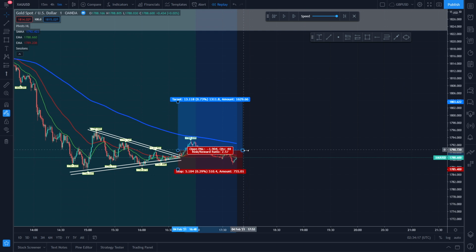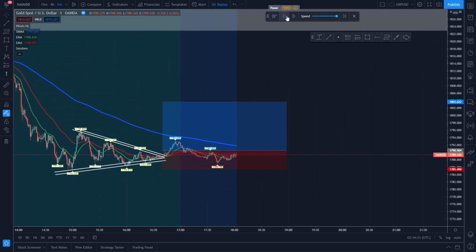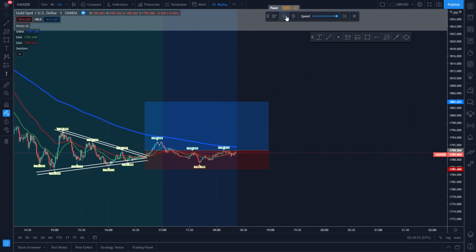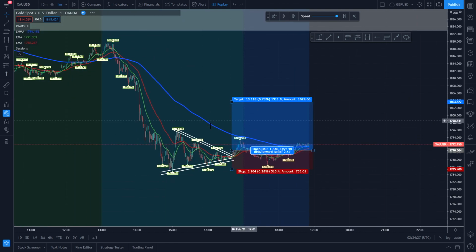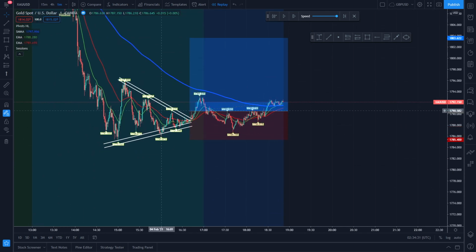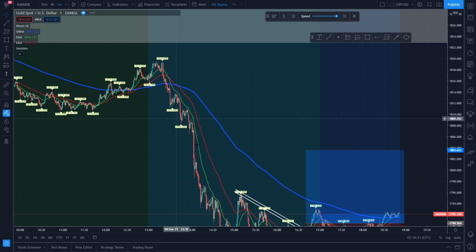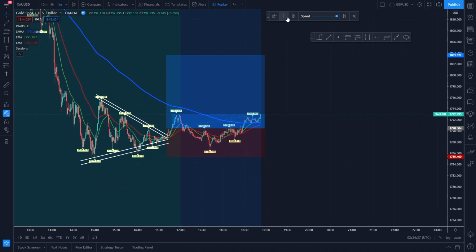So all right, so gold is in this consolidating phase right here. Let's go ahead and see what happens. I think it's consolidating because it's getting close to the end of the session. So as you guys can see the difference when you're in session versus when you're closing the session or not in session at all.